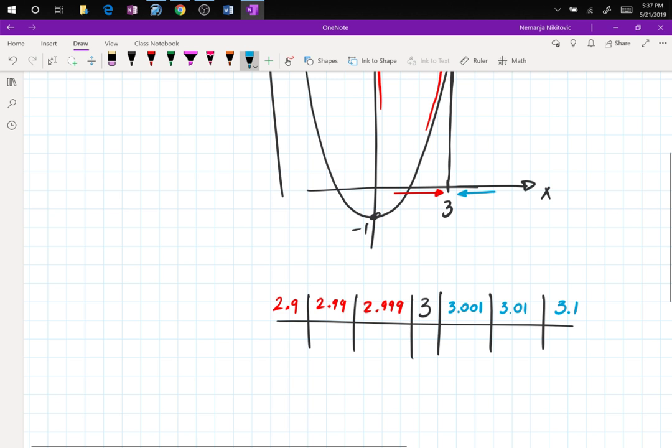So now we're going to do the calculation. We're going to plug all of these numbers into our function and compute their y values.